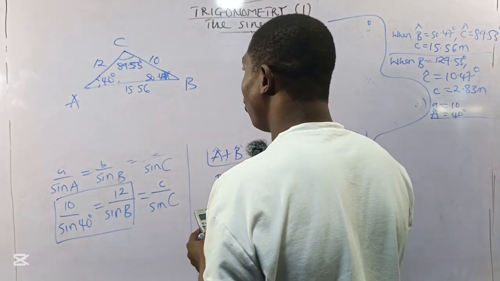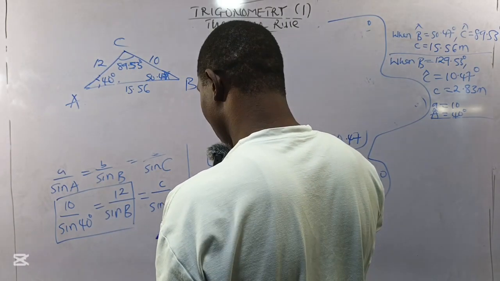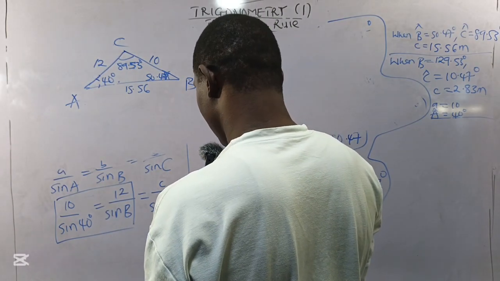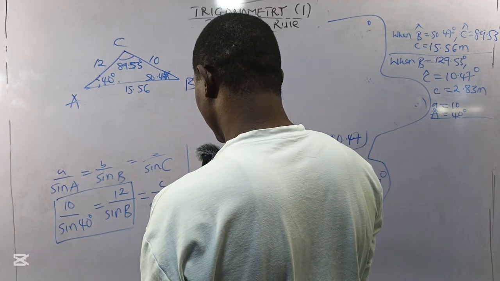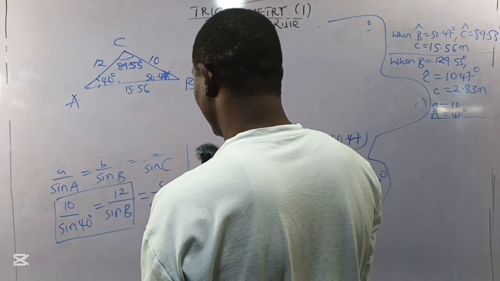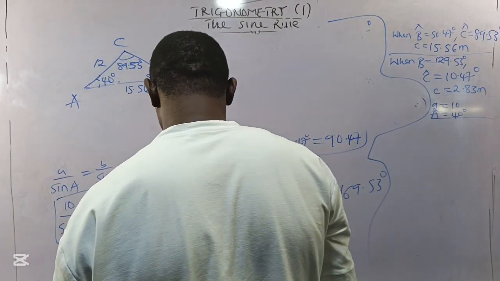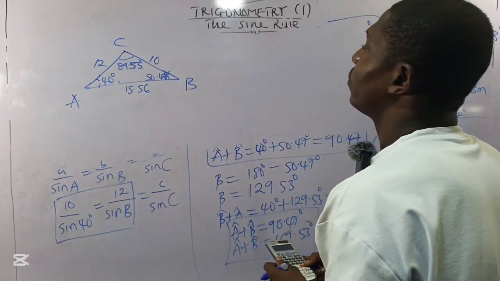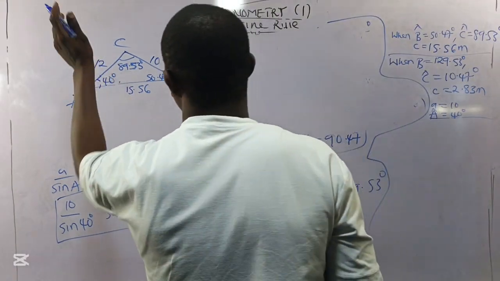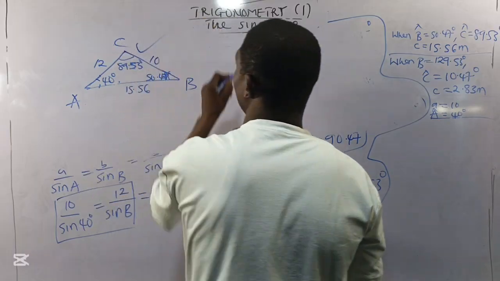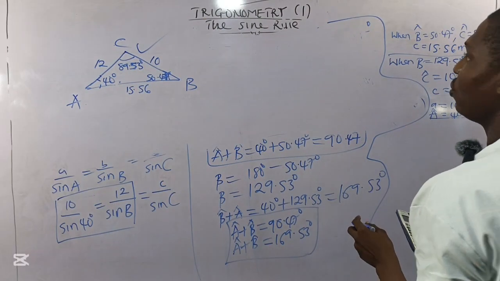And if you sum all your angles, you have 89.53 plus 40 plus 50.47, giving me 180 degrees. So the sum of the angles is absolutely what? 180 degrees. So this triangle is a perfect triangle. So let's check the other one.